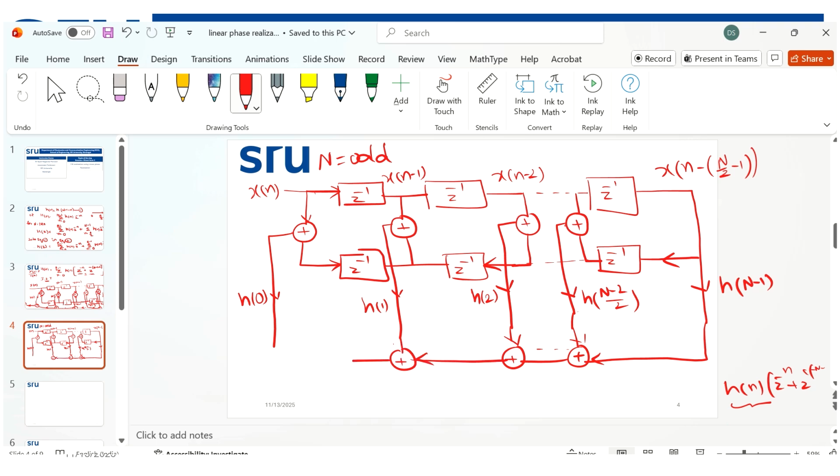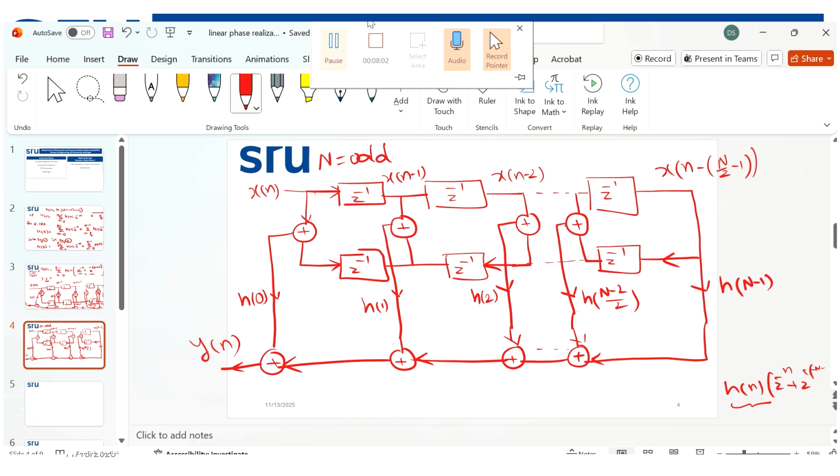So all these lines are directed towards the output y of n. Whether the n value is odd or even, this structure is the same, but for n equal to even values, you will have one more z power minus 1 delay in between these two.